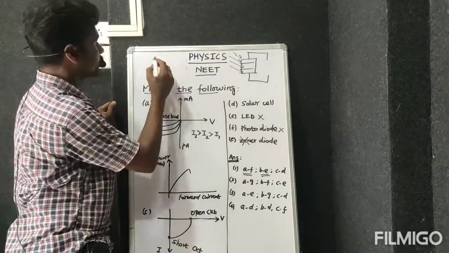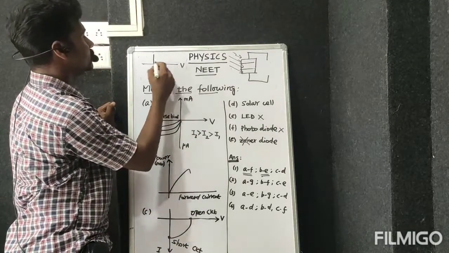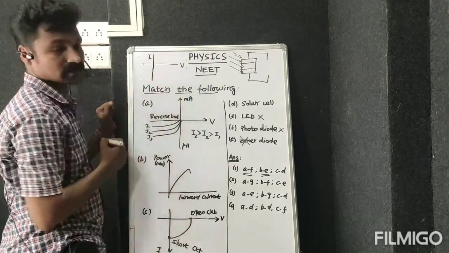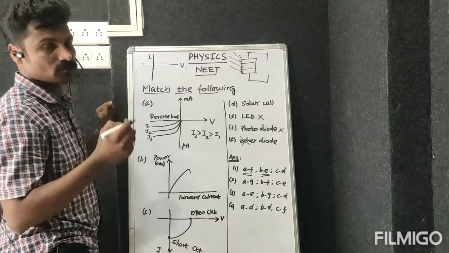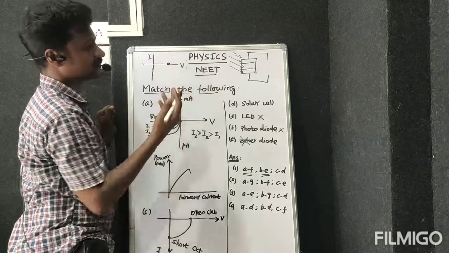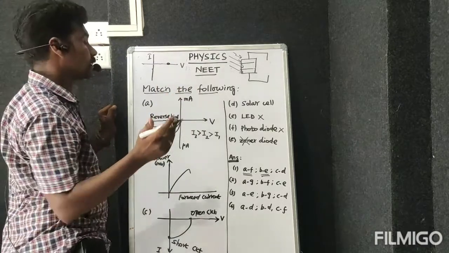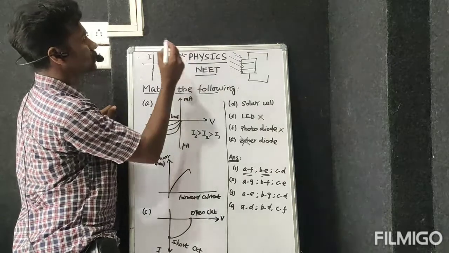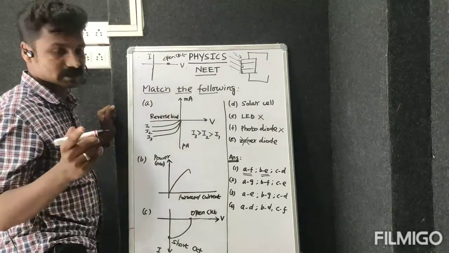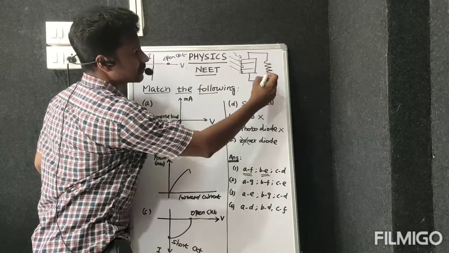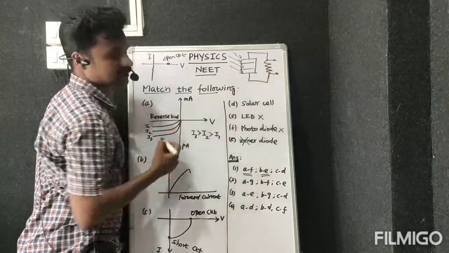If you observe this graph, this is the voltage, and this is the current on the y-axis. Initially in the open circuit, the full voltage is there, but no current. So that only we mention here as open circuit. But when it is shorted, that means the external resistance is connected, we can get the output from the cell.